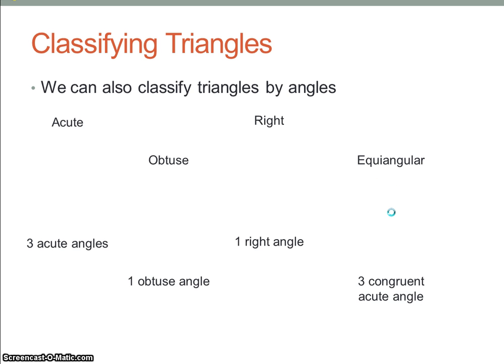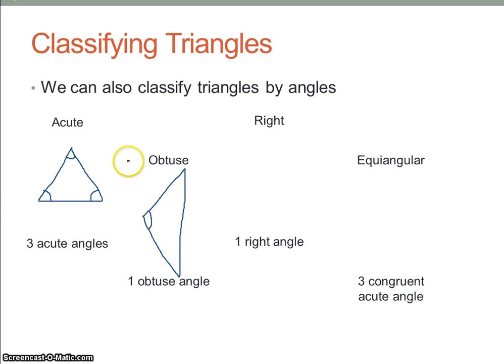Okay. We can also classify triangles by angles. We have acute, obtuse, right, and equiangular. An acute triangle has 3 acute angles. So that means all 3 of the angles in our triangle are less than 90 degrees. Right? All 3 of those angles. An obtuse triangle has 1 obtuse angle. So that means you kind of have 1 fat angle and 2 acute angles.